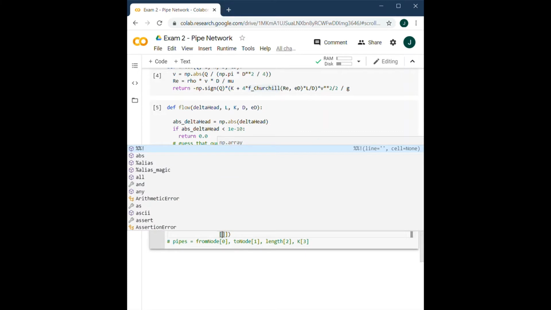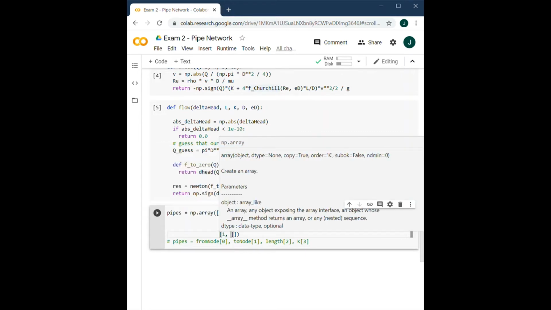Our fourth pipe is going to go from node 1 into the environment. So again, that's going to be node 1 to 3 because we're defining the environment as our node 3. It has a length of 0.1 and a k value. Its k value is unknown. However, for this problem, we are going to guess that its k value is around 6.